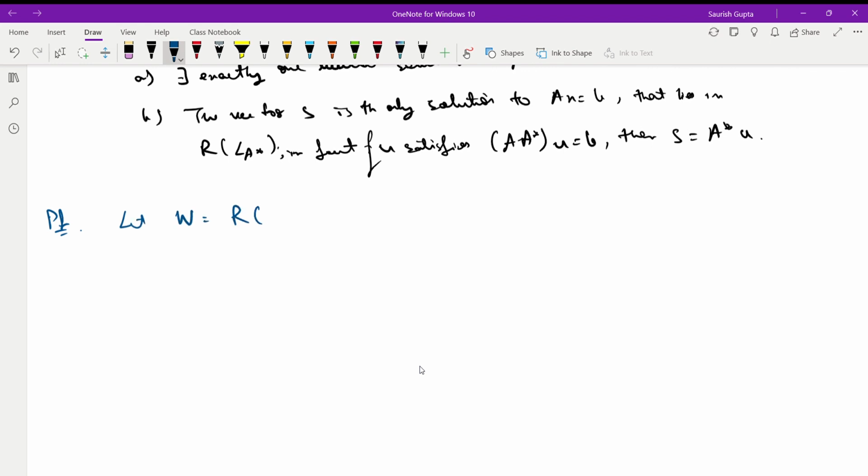So proof. Let W be equal to the range of LA star and W dash equal to the null space of LA.